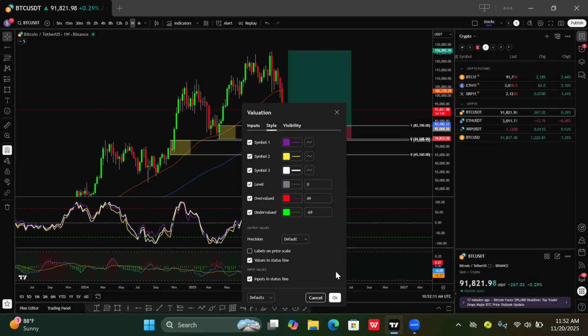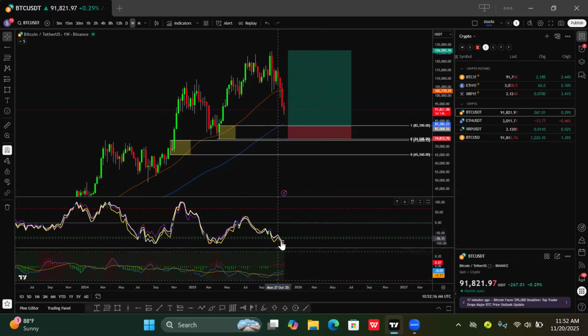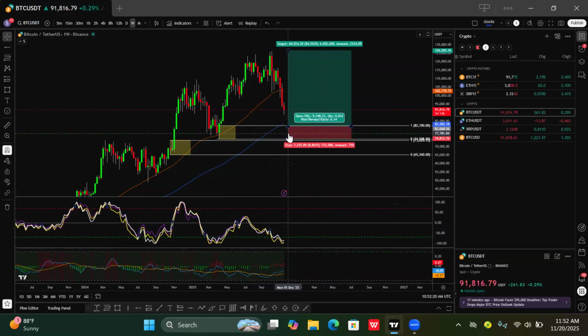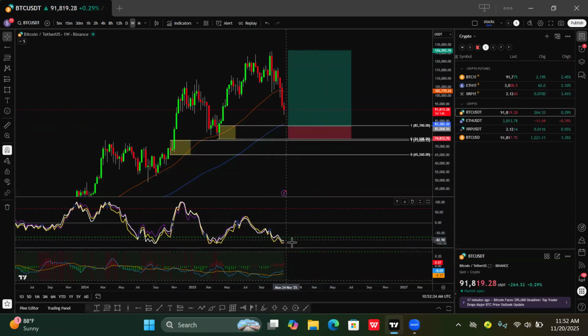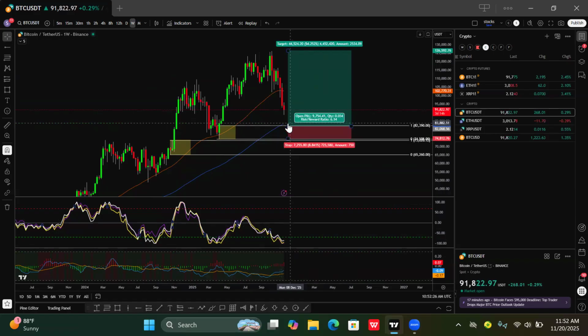Look at all the metrics, all interest rates, the dollar, we are currently undervalued. I think this level would be nice to buy, especially seeing this on a weekly chart. A drop into this 100-week moving average would be very nice.